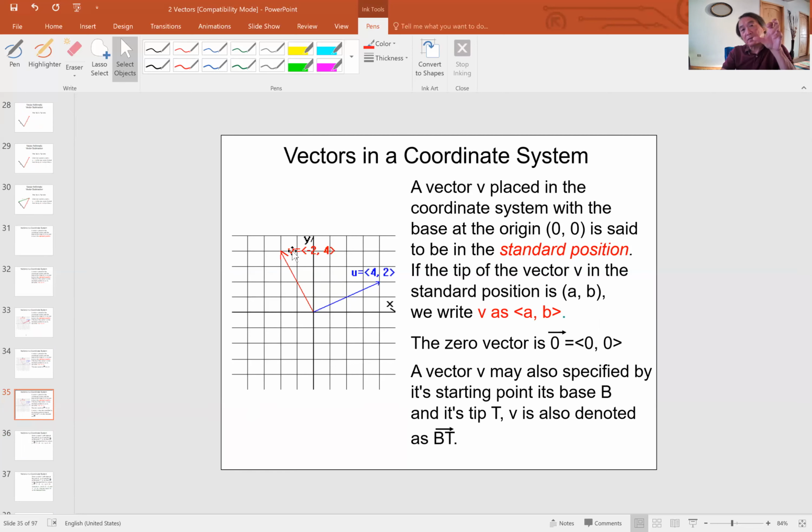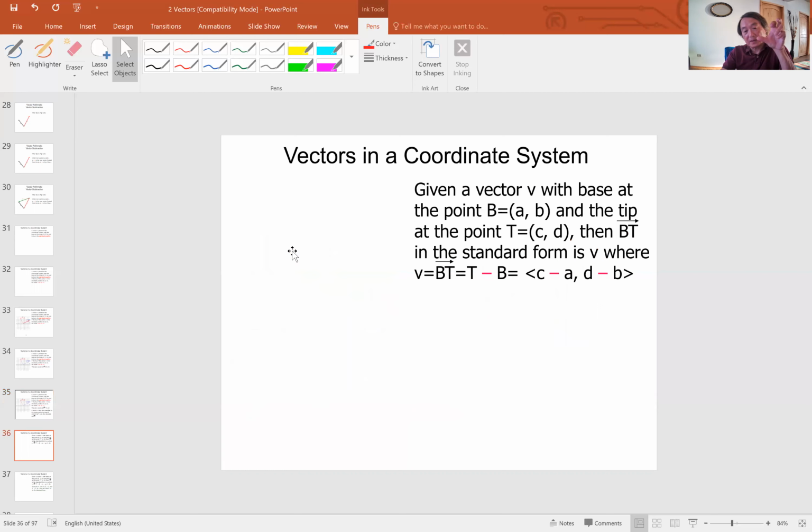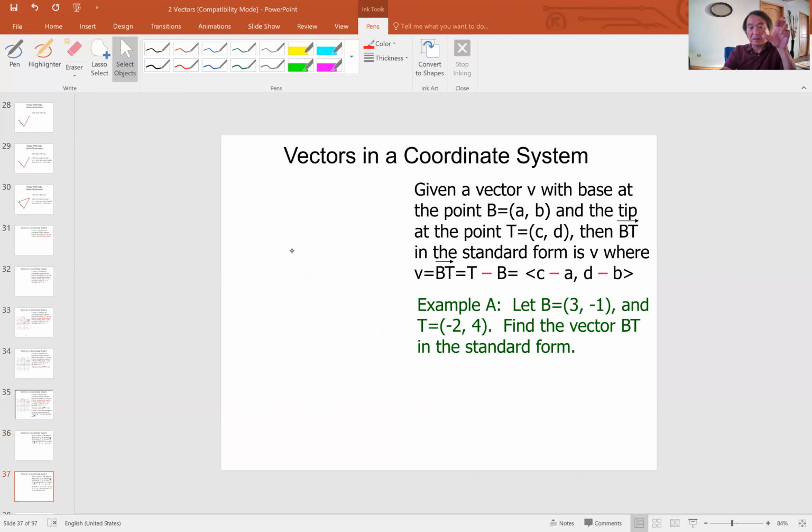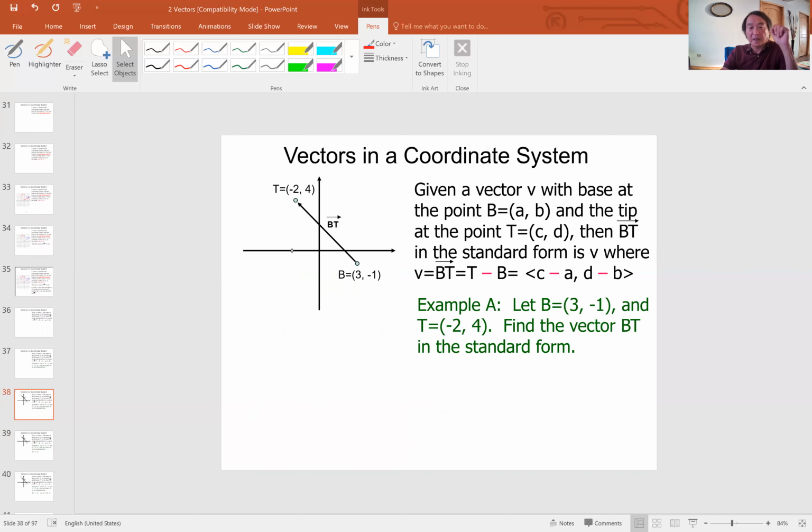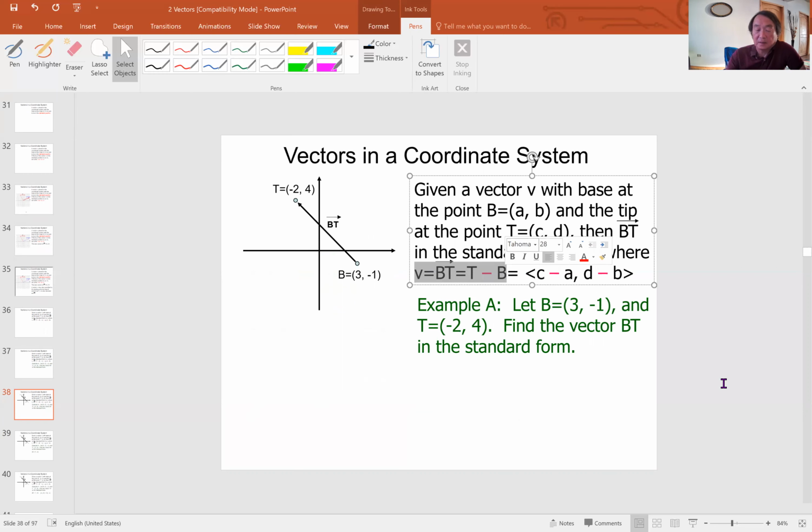And in particular, if I know two points in the plane and I want to know the standard position of the vector, the rule for finding the standard position from the base point B to the tip T is the tip minus the base.